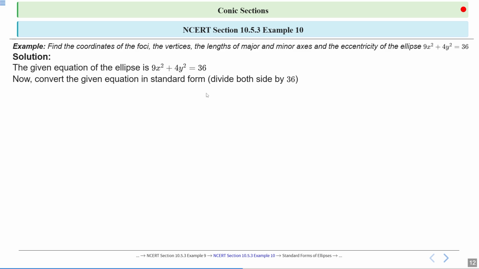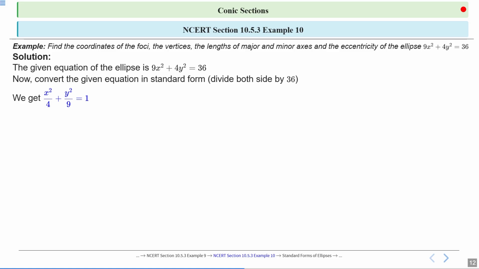For that we divide both sides by 36, and we get here x square upon 4 plus y square upon 9 equal to 1. And this equation is of the form x square upon a square plus y square upon b square equal to 1.